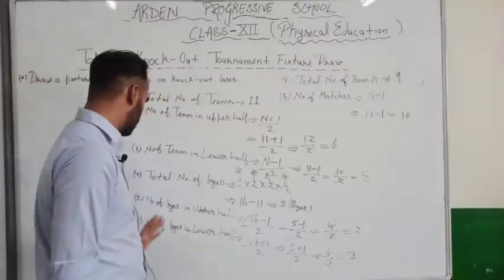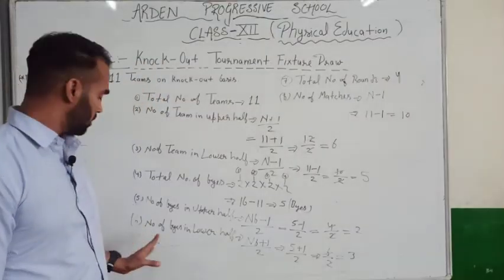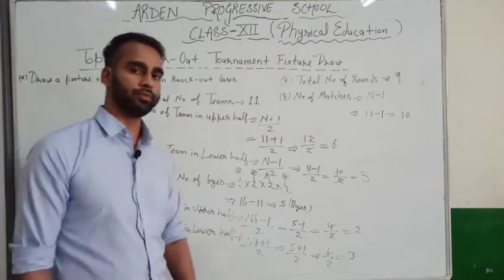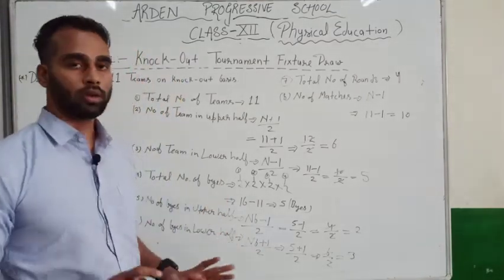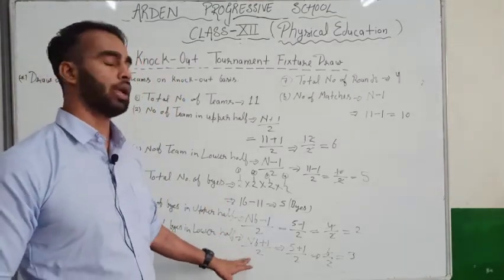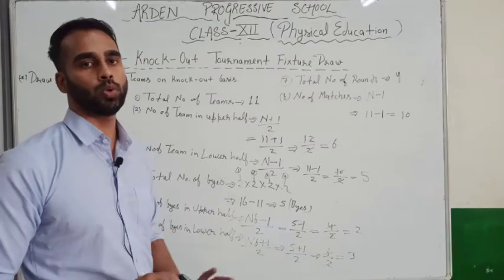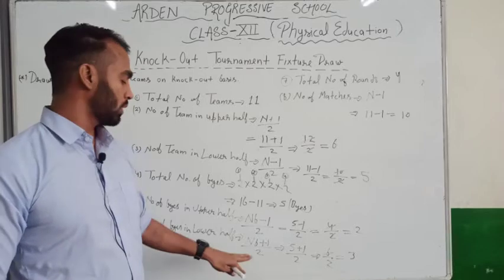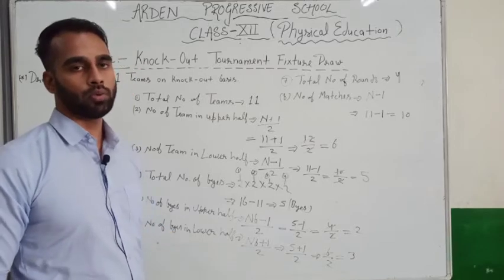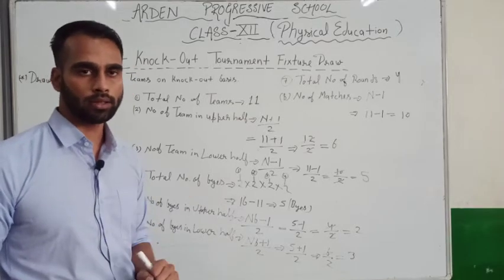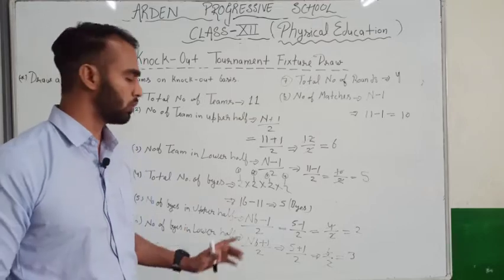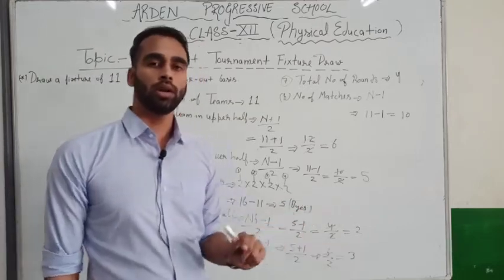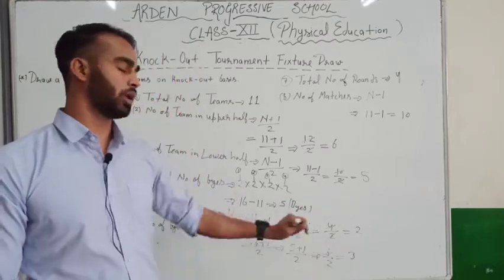Step 6 is the number of byes in the lower half. The formula is nb plus 1 upon 2, so in the lower half the total number of byes is 3.